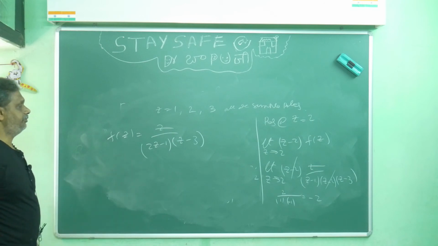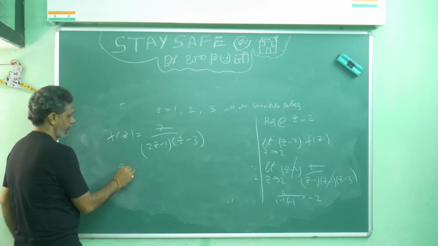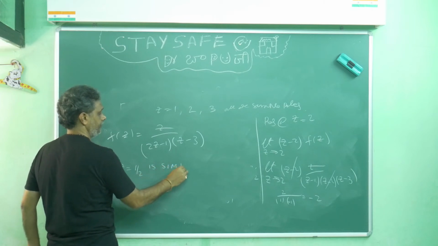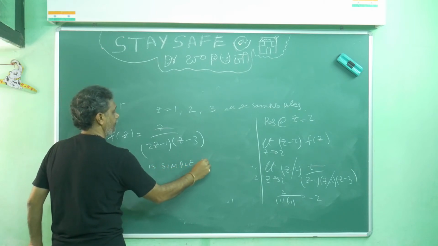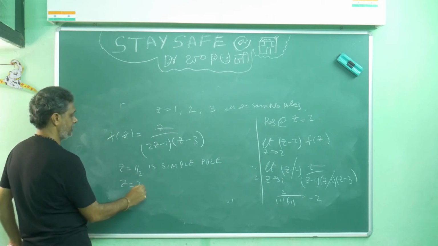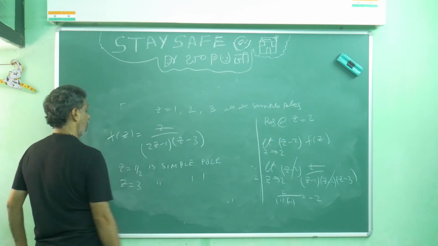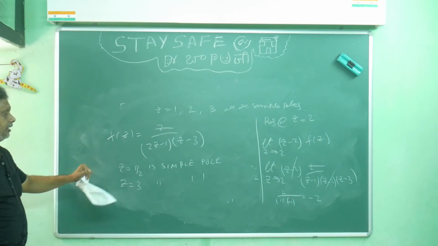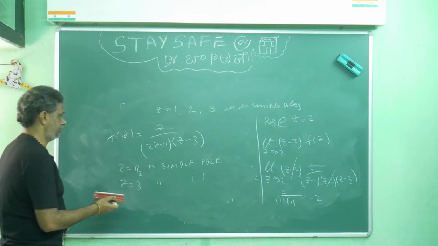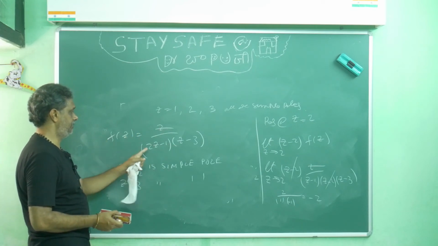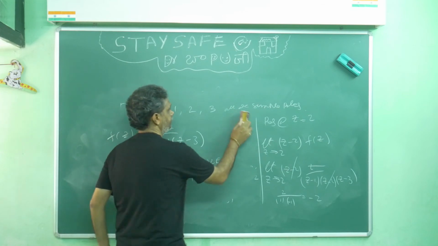Now who are the poles? z is equal to 1 by 2 is a simple pole. z is equal to 3 also a simple pole. But while doing the residue at z is equal to 1 by 2, it is very important how you write it. For z is equal to 3, limit z minus 3, you will attack nicely. But this is how you will write it.